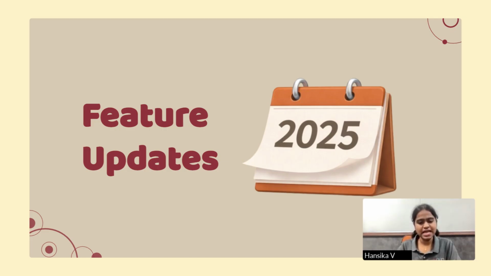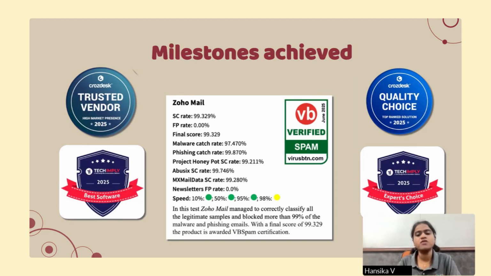Now let's take a moment to celebrate some of the key milestones we achieved over the year. Zoho Mail was honored by Tech Employ as Best Software, Best Customer Support, and Most Trusted Software. These awards reflect the effort we put into building a reliable and thoughtful email experience for you all.